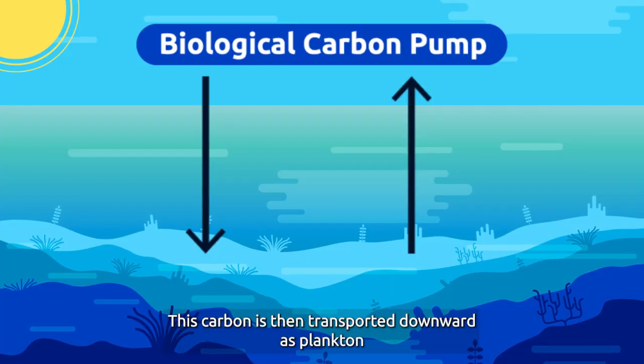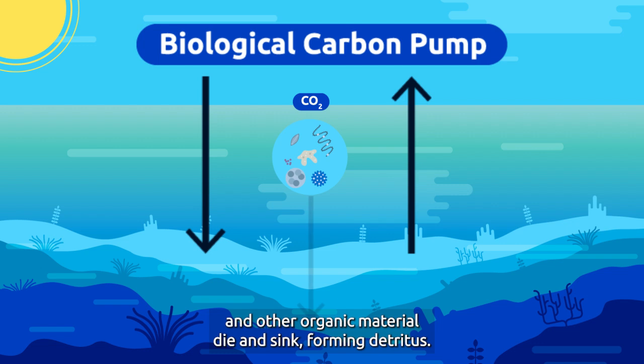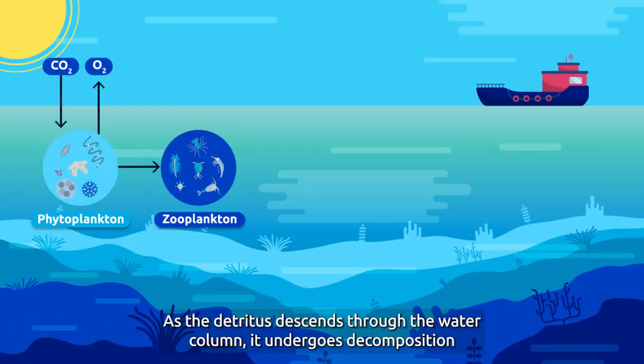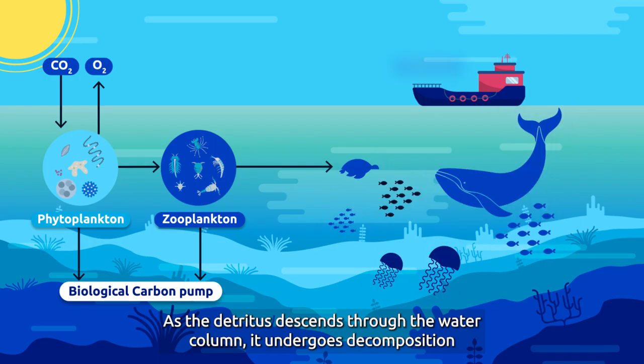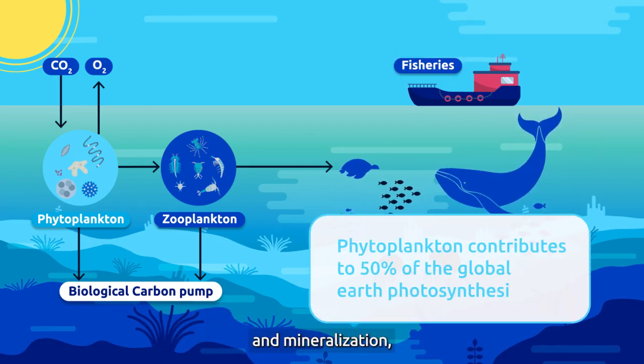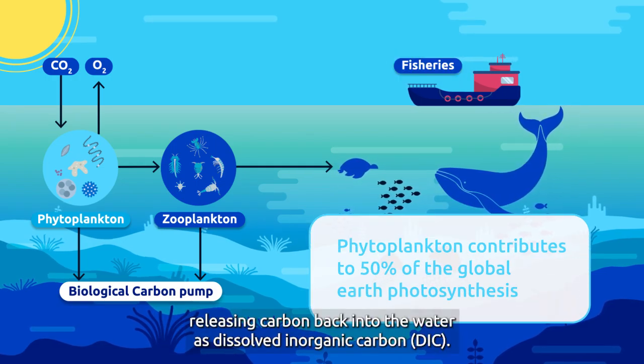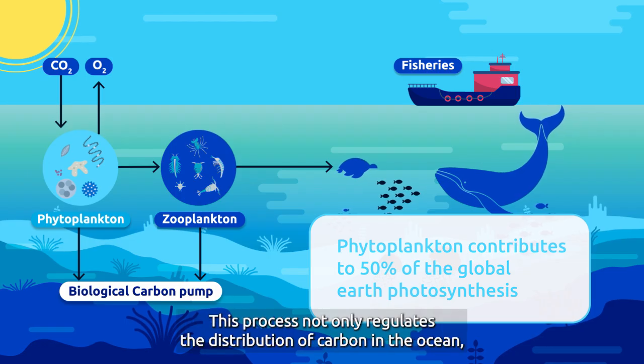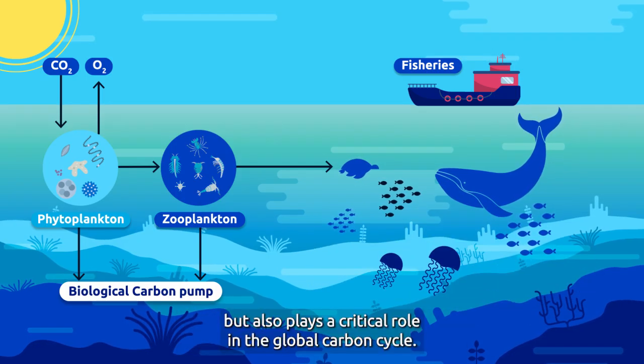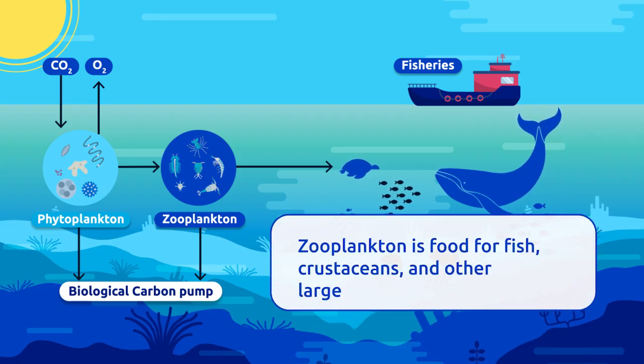This carbon is then transported downward as plankton and other organic material die and sink, forming detritus. As the detritus descends through the water column, it undergoes decomposition and remineralization, releasing carbon back into the water as dissolved inorganic carbon. This process not only regulates the distribution of carbon in the ocean, but also plays a critical role in the global carbon cycle.